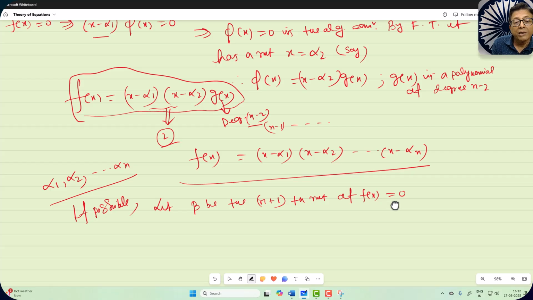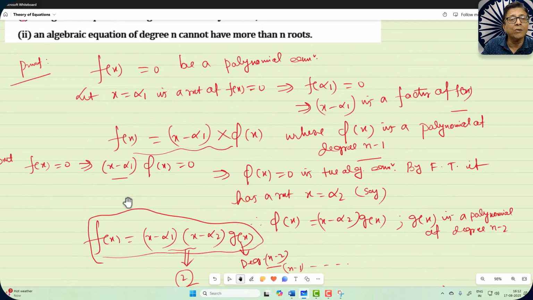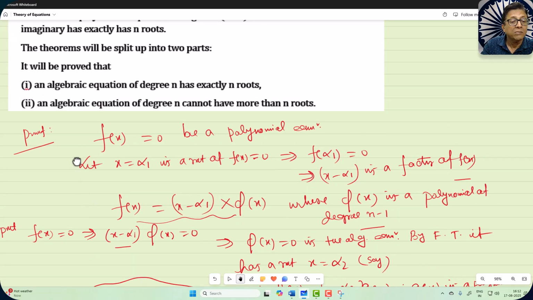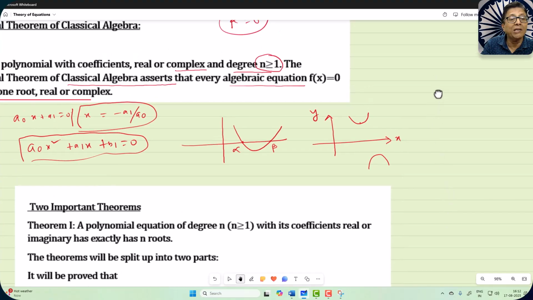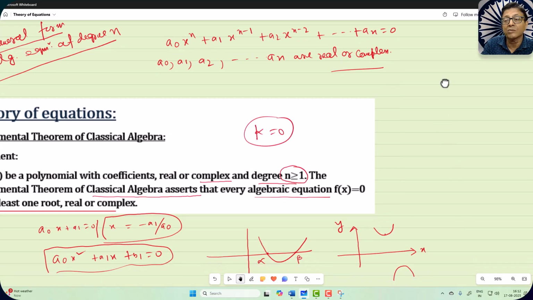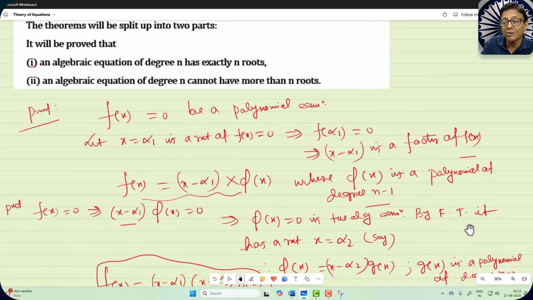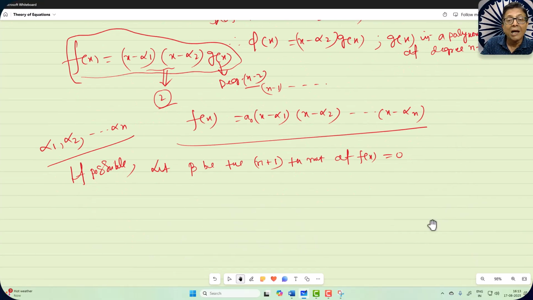Then f(x), suppose I forgot to take the coefficient. The polynomial f(x), we have already taken as a0 times x, and here I forgot to take a0, the coefficient. And that a0 cannot be equal to 0 because it is a polynomial of degree n. Let beta be the n plus 1th root.